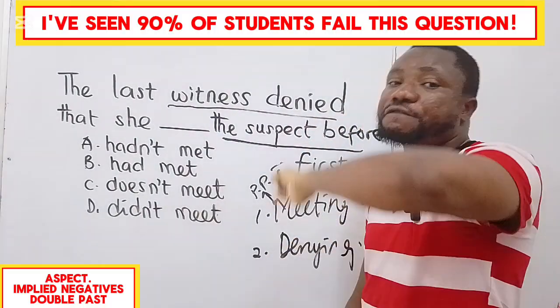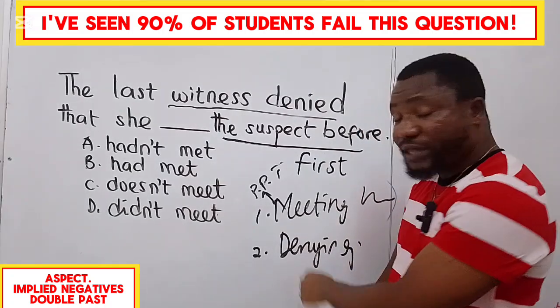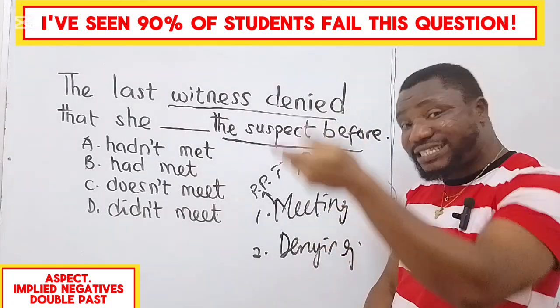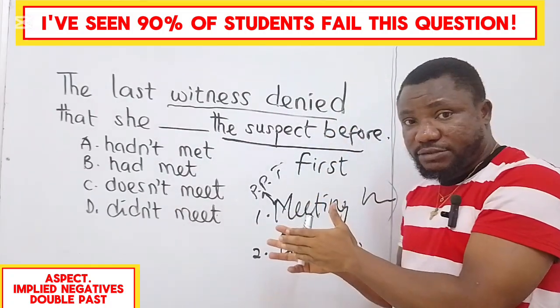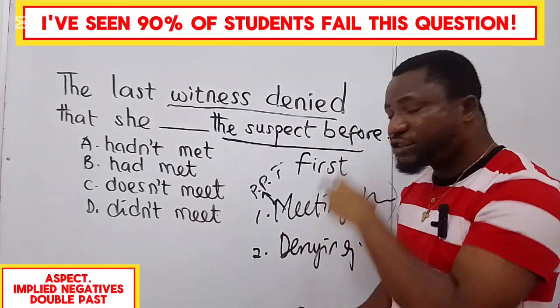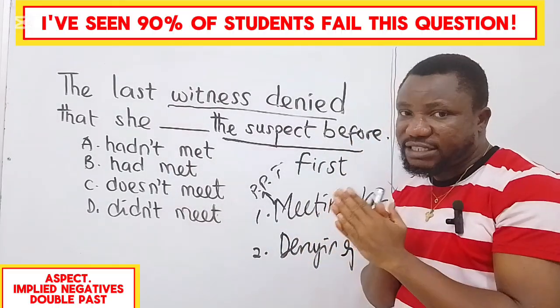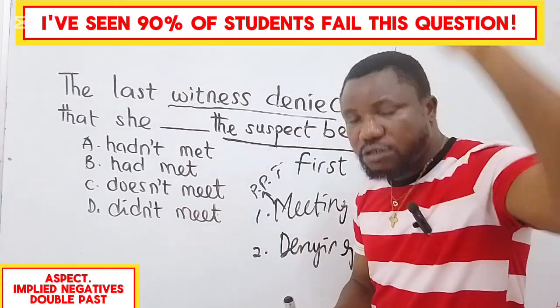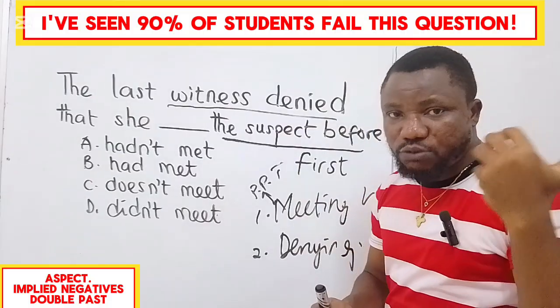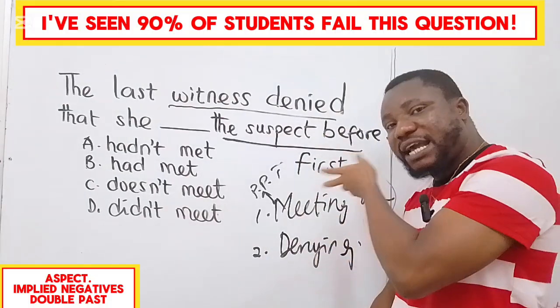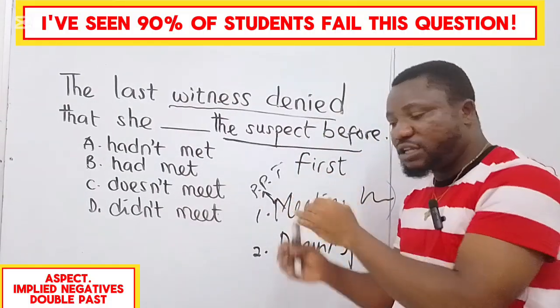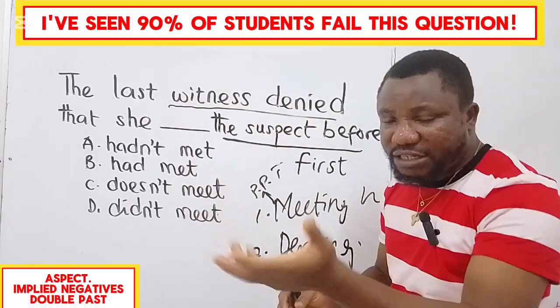When talking about the second action, which is the latest action, you use the past tense. For the first action, you use the past perfect, and for the second, which is the latest one, you use the past tense.